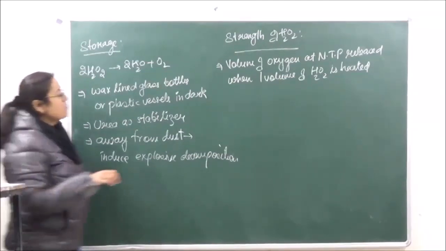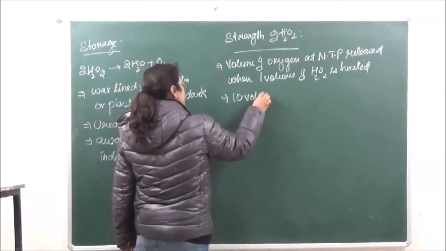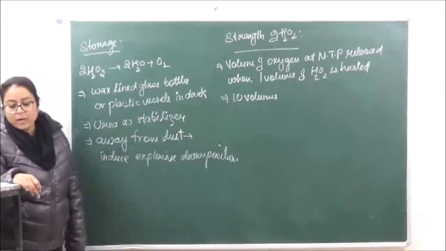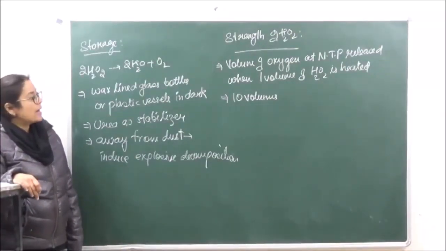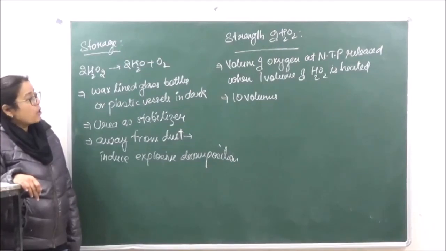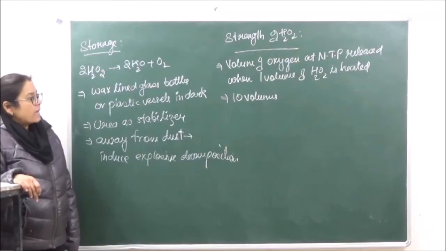Suppose we have 10 volumes of H2O2. That means what? If we are heating 1 volume of H2O2, that is giving us 10 volumes of oxygen. So the strength of H2O2 is going to be equal to what? 10 volumes. Have you understood?